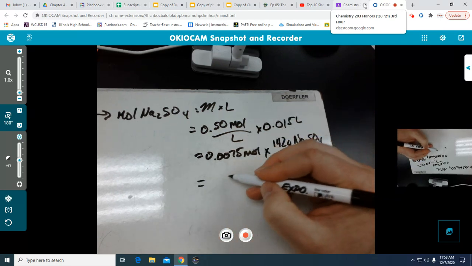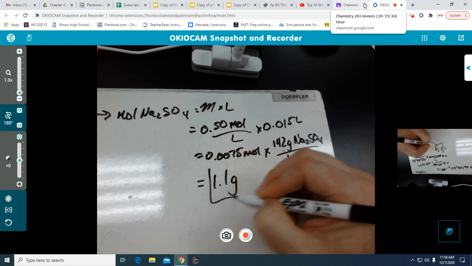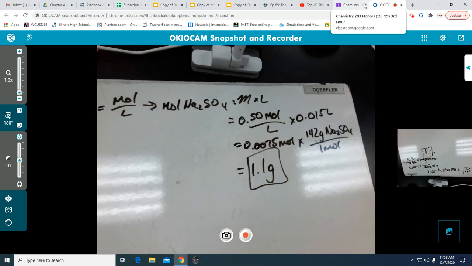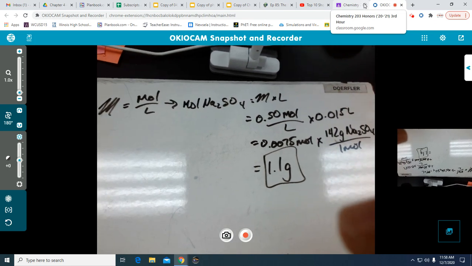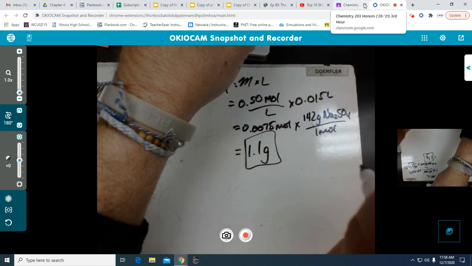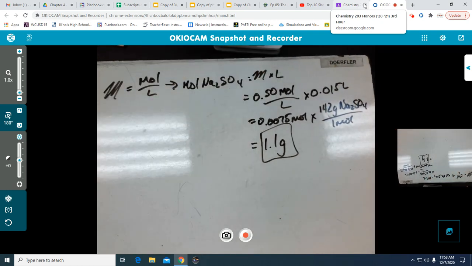And we're going to find out that we have 1.1 grams as our answer. So again, I just took the molarity formula, rearranged to solve for moles, calculated my moles, and used the molar mass of sodium sulfate to determine how many grams I had.